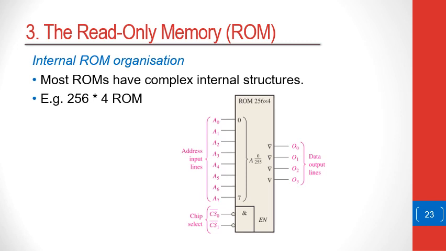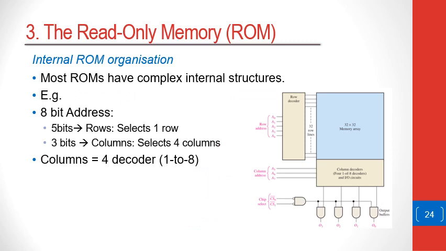If we look at the internal structure of how this is composed, we will see that in fact the internal structure has to be composed of a much bigger memory, which is a 32 by 32 array of memory. And what happens is that the first 5 bits of the 8 will address the 32 rows of the memory. And the final 3 bits will select the 4 columns that are going to show up at the output.